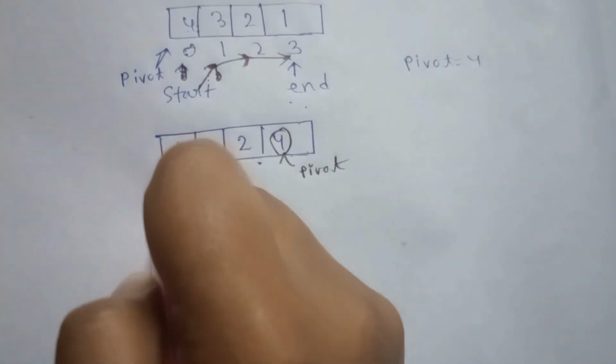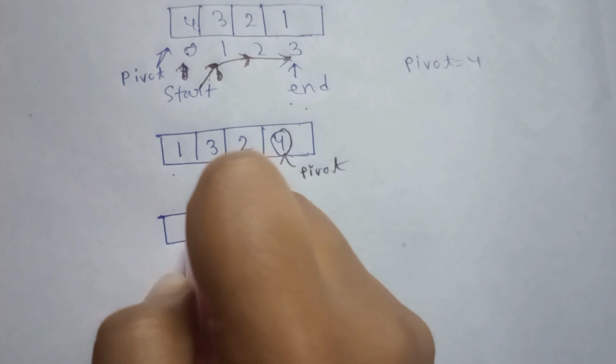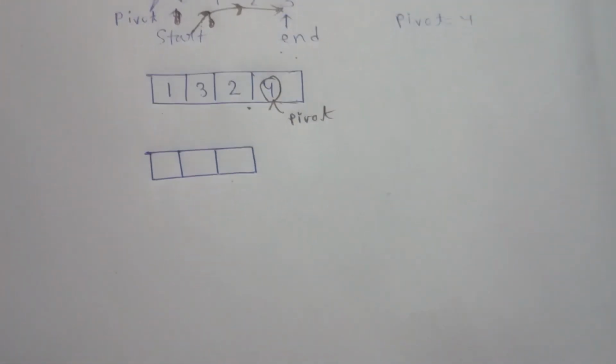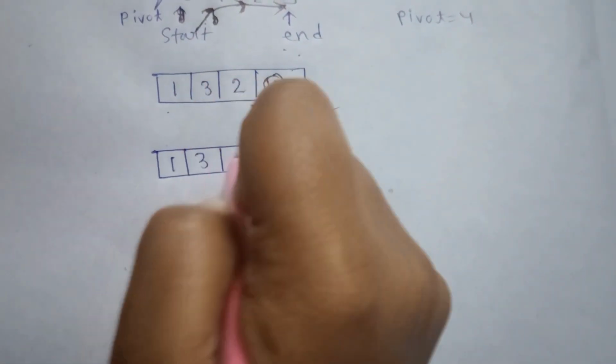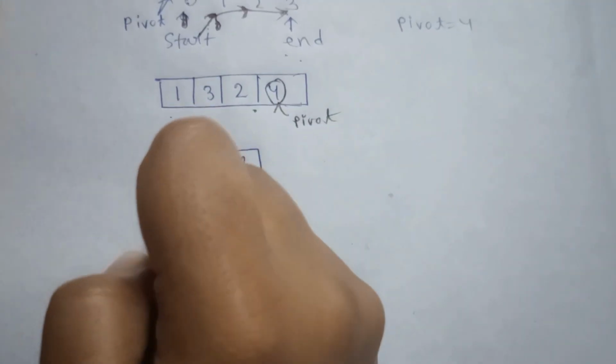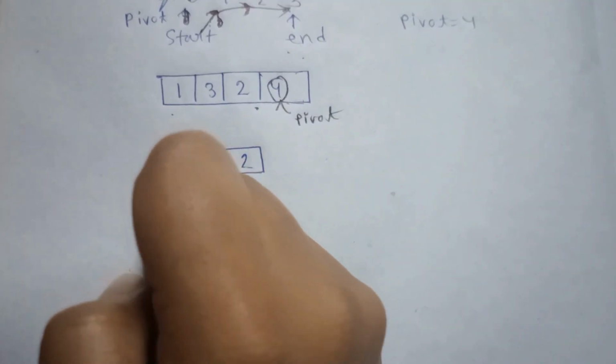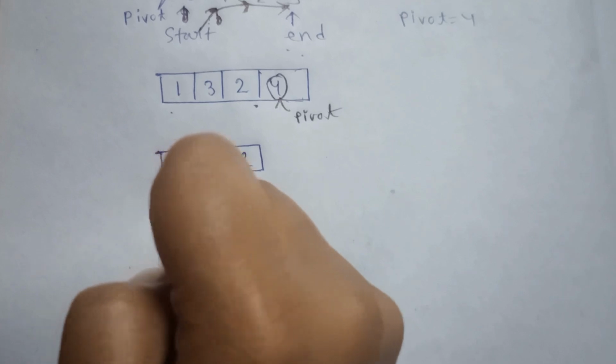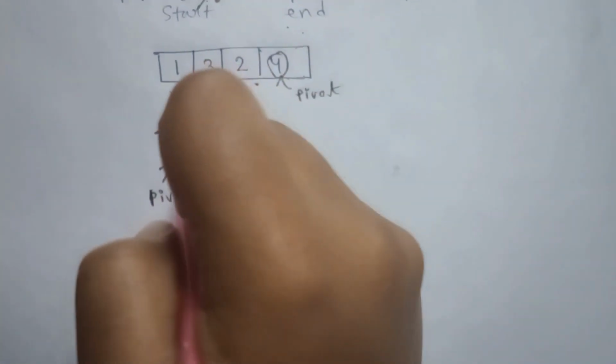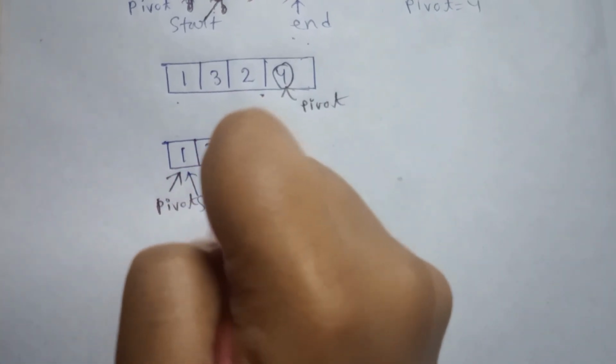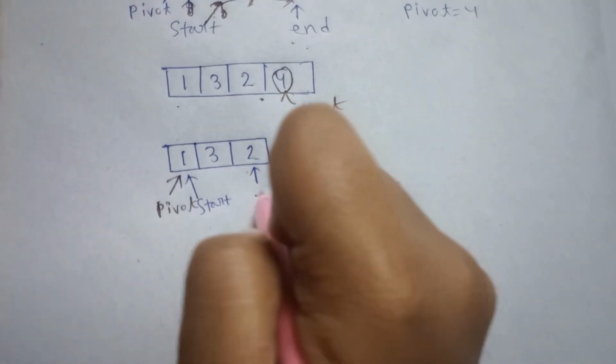Now again we try 1 3 2. This is the pivot, start and end.